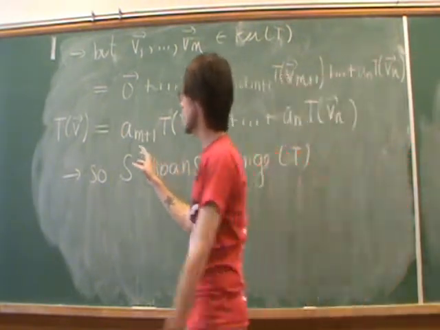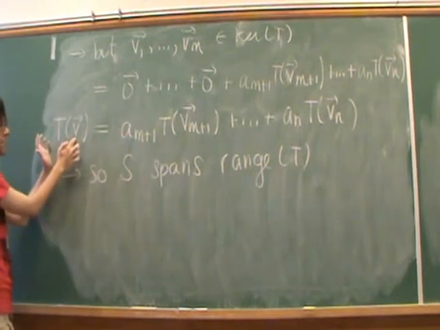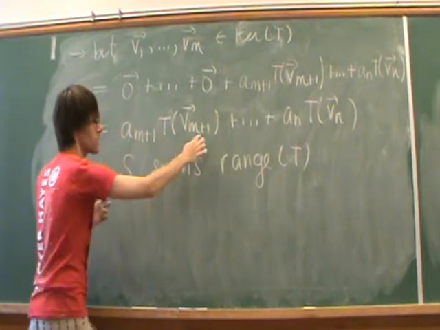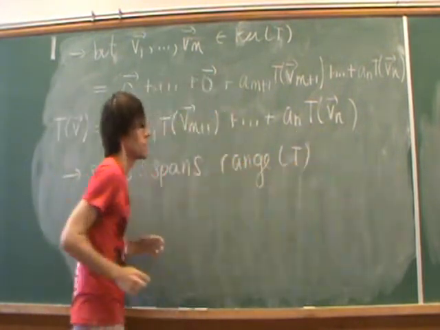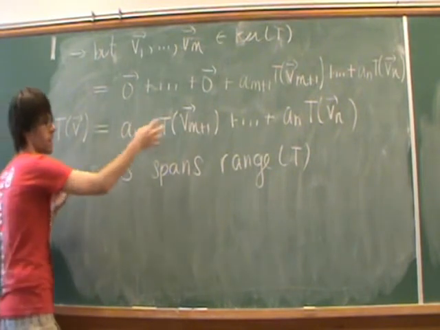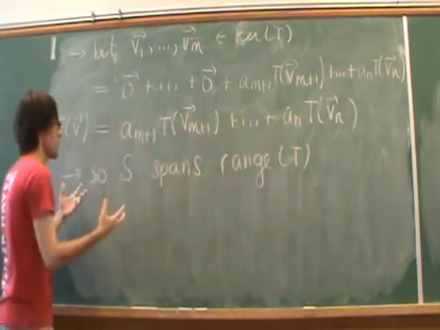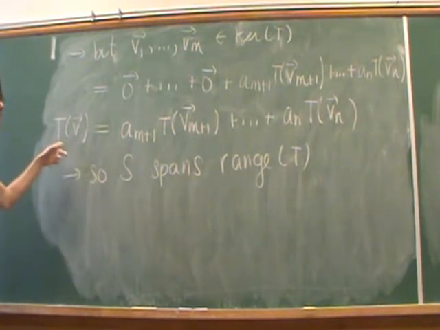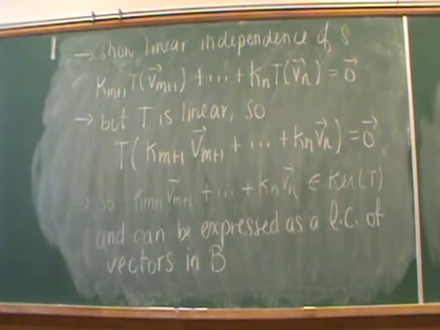What we've shown is that T of any vector from our vector space V is equal to a linear combination of these vectors, T(v_{m+1}) up to T(v_n). So these vectors span the range of T, because this is an element of the range of T.